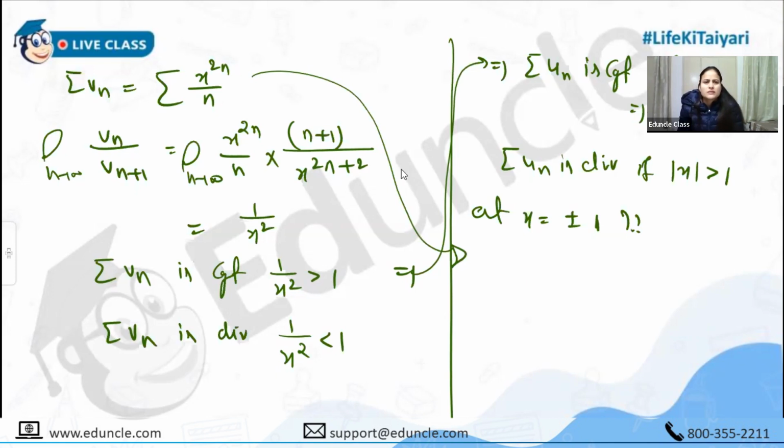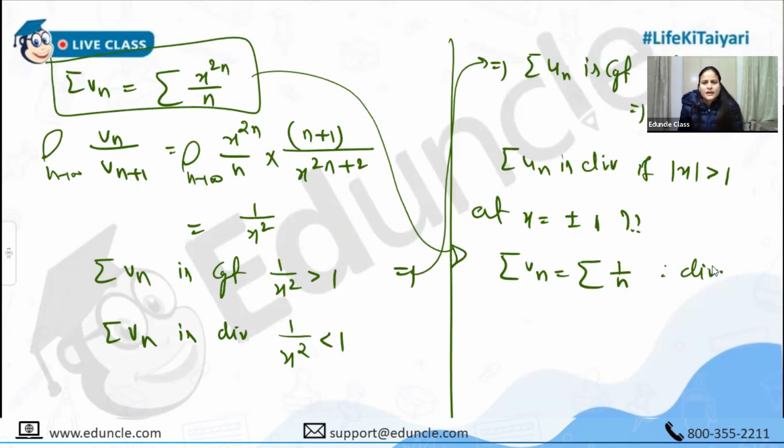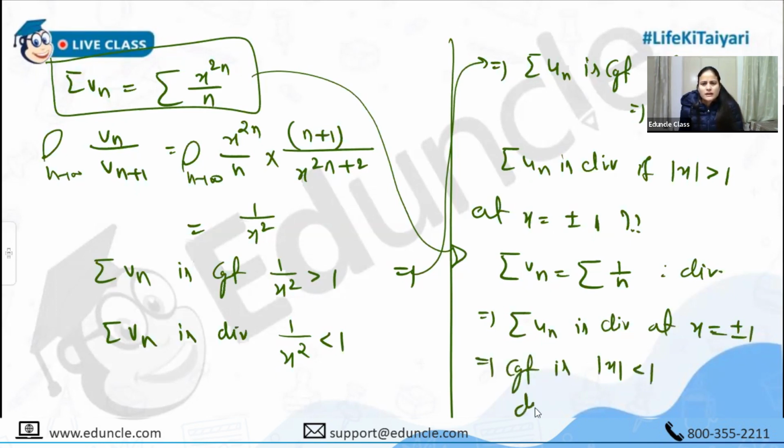So at x equal to plus minus 1, Vn becomes simply the hyperharmonic series 1 by n, which is divergent. So the series Un is divergent at x equal to plus minus 1. So ultimately the region of convergence is mod of x less than 1 and the region of divergence is mod of x greater than or equal to 1.